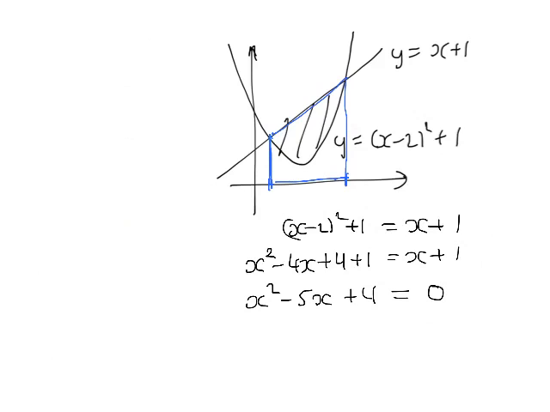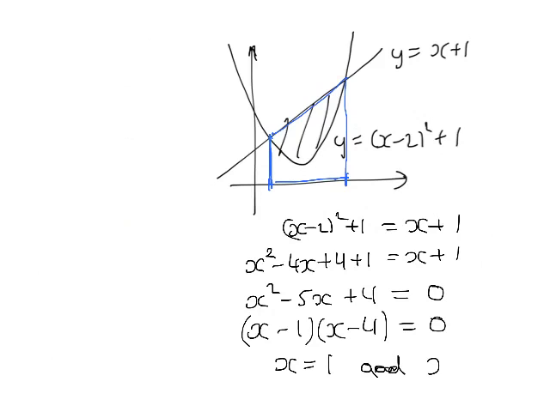So when we factorize this, we're going to have (x minus 1)(x minus 4) equals 0. So we can see that the x coordinates of where the curve and the line intersect are x equals 1 and x equals 4. So we can mark this on the graph.